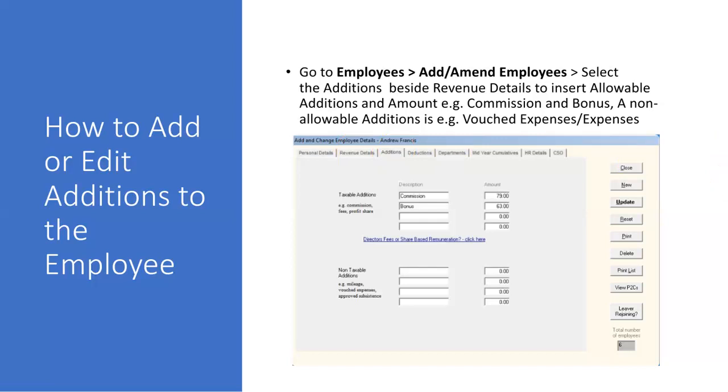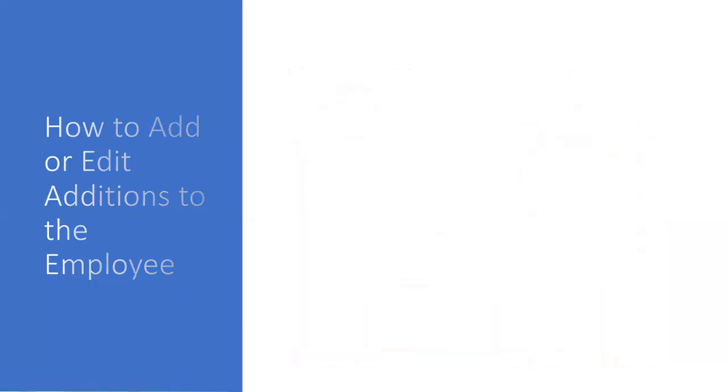Examples of allowable additions are commission and bonus. Non-allowable additions are vouched expenses or expenses. As you'll see in my Payroll Thesaurus, I always enter expenses in my non-taxable additions. So that's it. If you need any additions, that is the information right there.